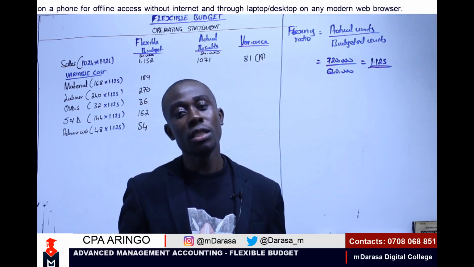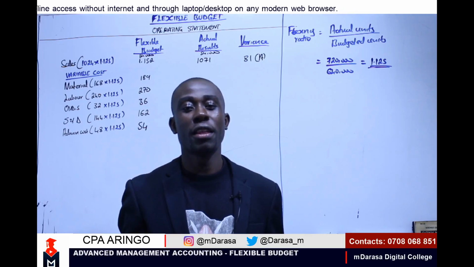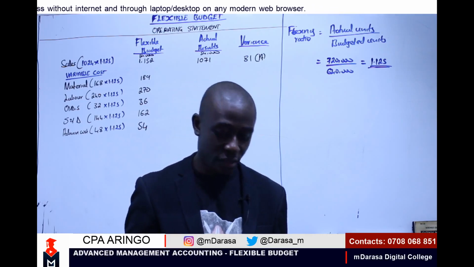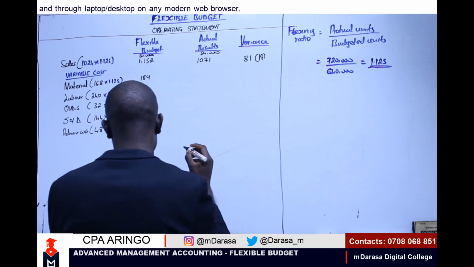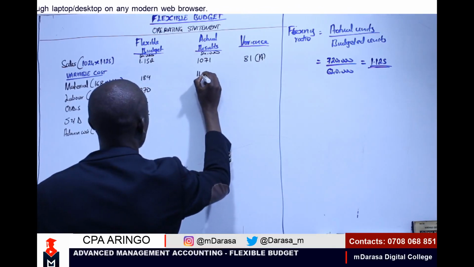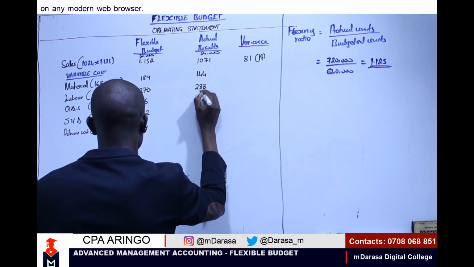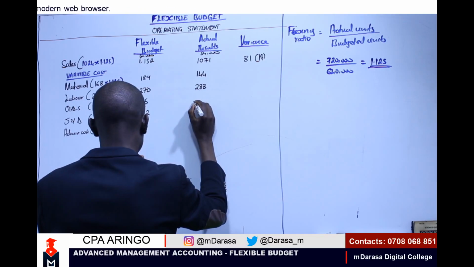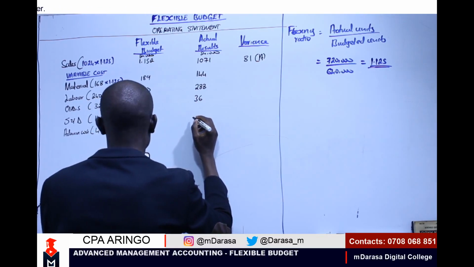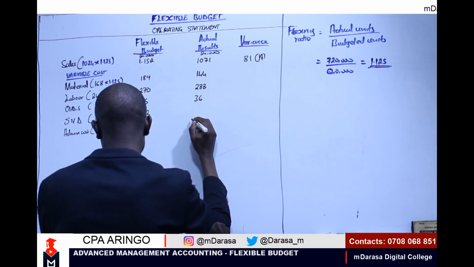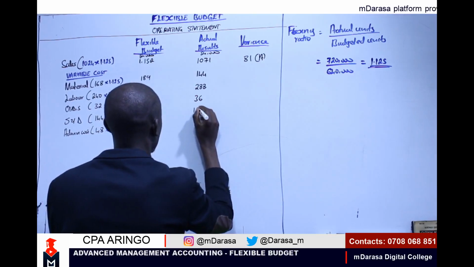So at this point, we can come and copy and paste the actual data that I was given. So the actual data given, my good students, you can see for materials I was given 144, then 288, I was given 36, and in relation to selling and distribution, you can see we do have a figure of 153.